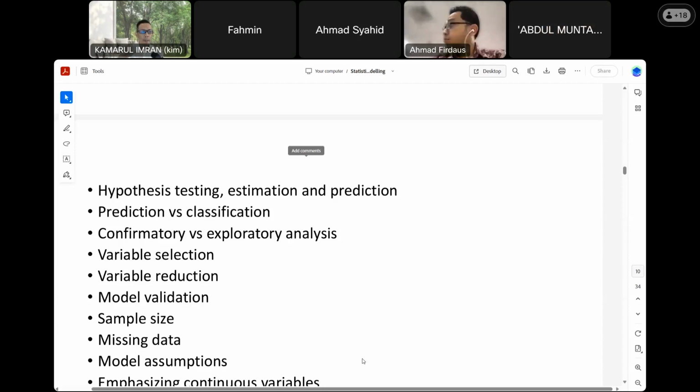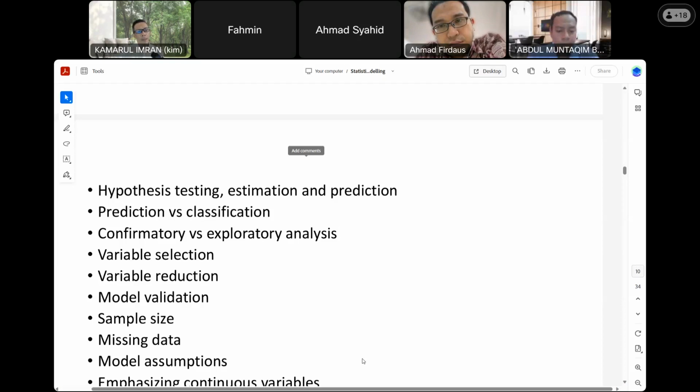And then what you need to do is add other variables as controls, so you adjust for them. For example, you study body weight equals intervention plus all the other variables that you want to adjust. So that becomes confirmatory analysis.